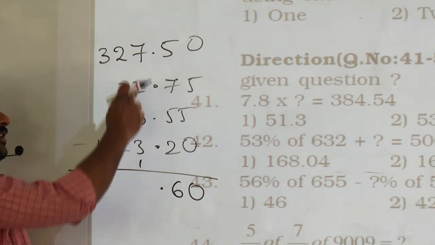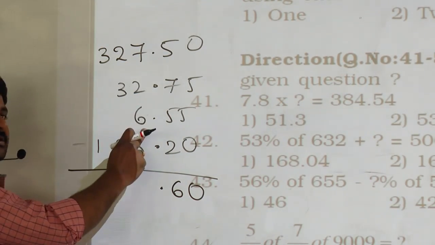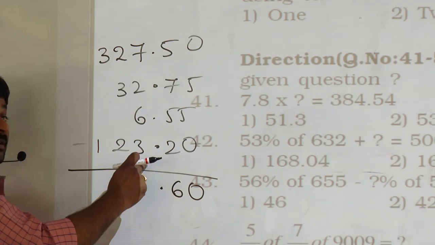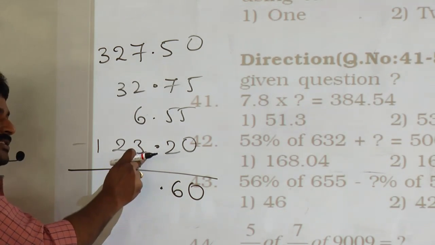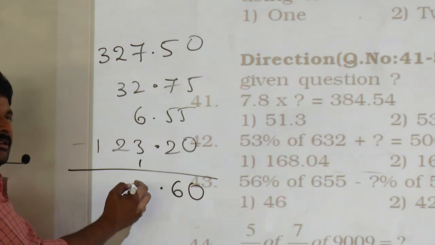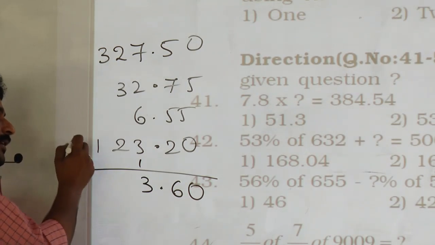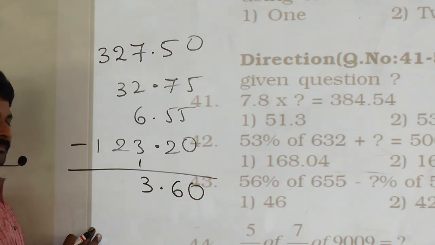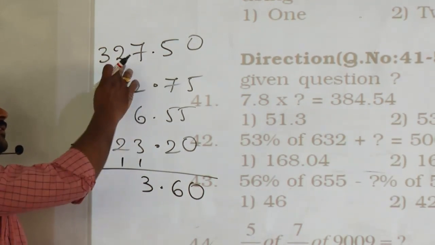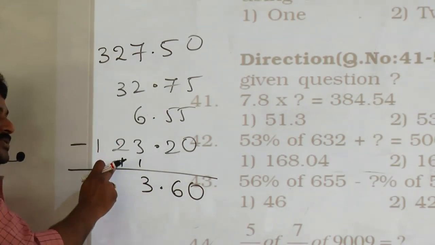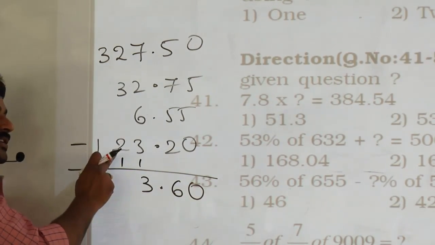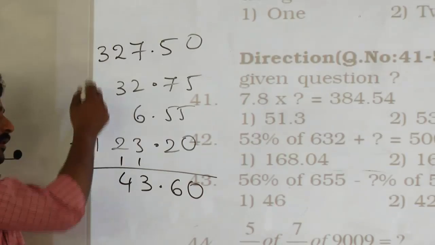Now 7 plus 2, 9, 9 plus 6, 15 plus 1, 16, 16 minus 3, 13. Negative number, right? You have to subtract it. Then again 1 carry. 2 plus 3, 5, 5 plus 1, 6 minus 2, 4, and then this is 2.